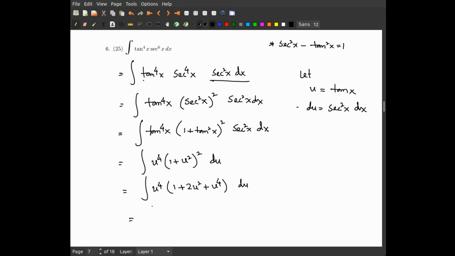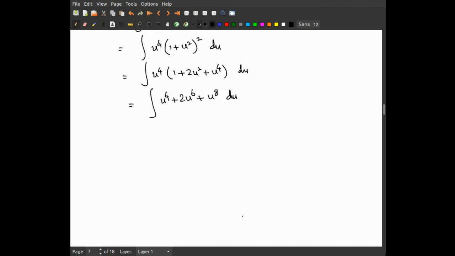Nice. Now multiply or distribute: u to the power 4, 6, 8. Now find the integration: u to the 5 over 5, u to the 7 over 7, u to the 9 over 9 plus c.